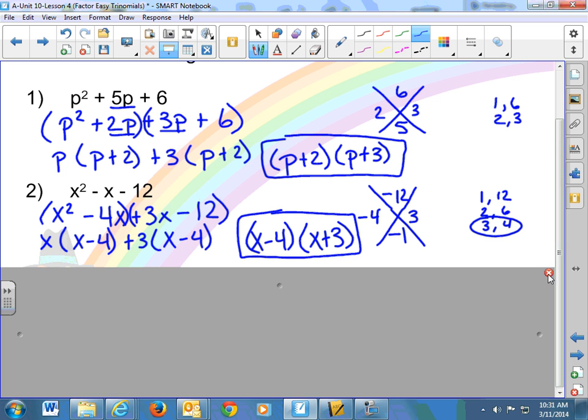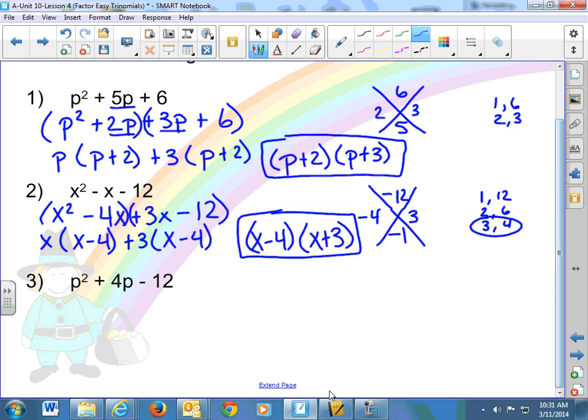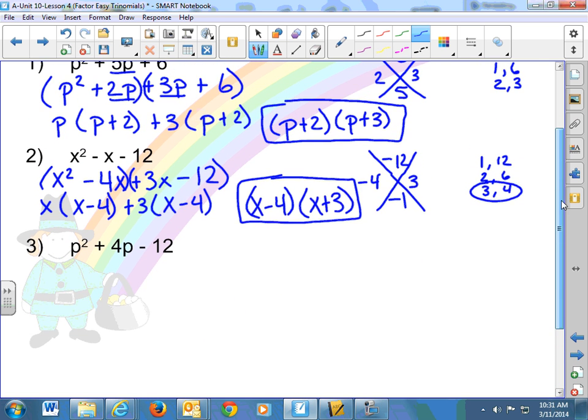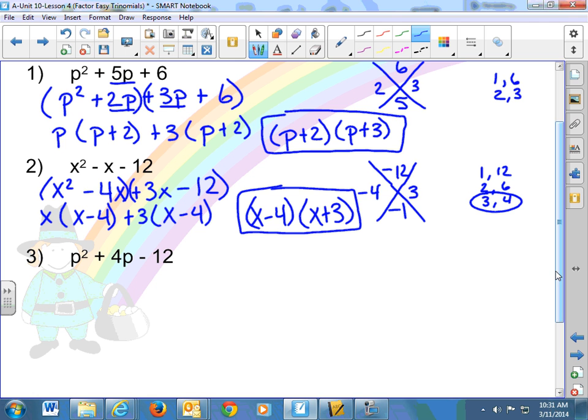One more try. If you would like, pause the video and see if you can do it. All right, draw your x. What can I multiply? A times c, which is 1 times -12, and add to get 4.